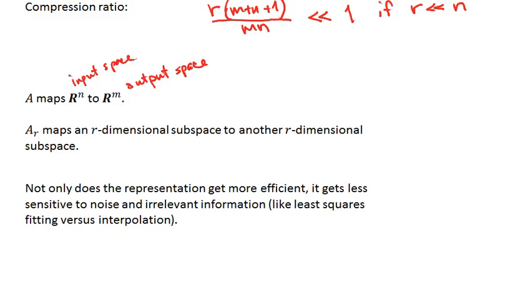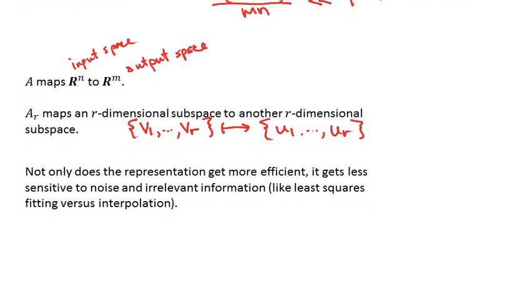But A sub r maps an r-dimensional subspace, that would be the first r right singular vectors, so it maps the span of those to the span of the first r left singular vectors.